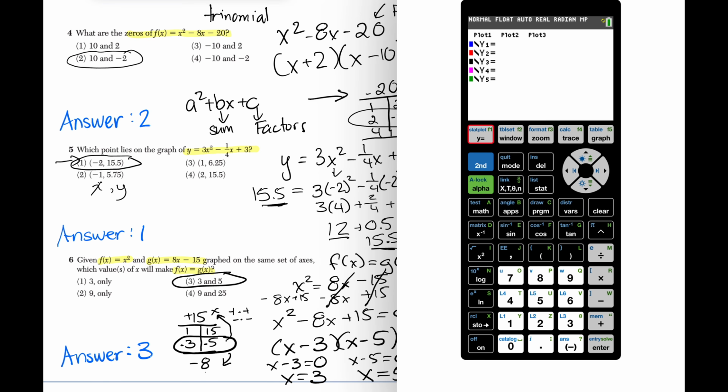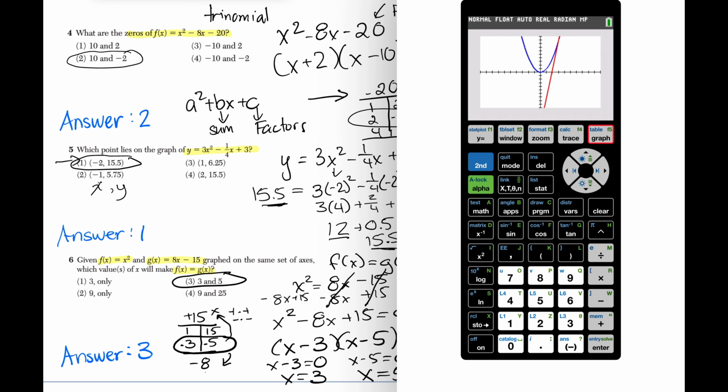Let's look at my calculator. I'm just going to go into the y equals and I'm going to put x squared for the first one, and let's go down to the second one, and you can put 8x minus 15. And if you were to graph them, you would look for the point where both of them actually hit each other.